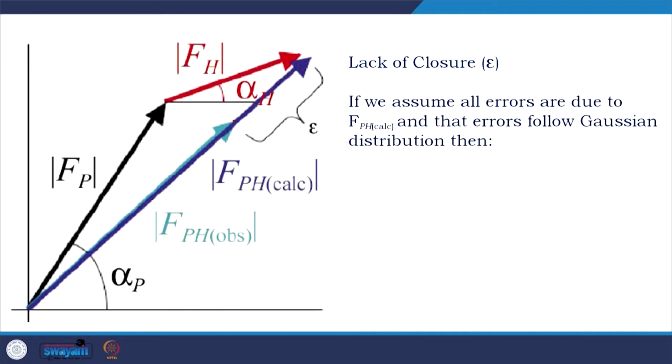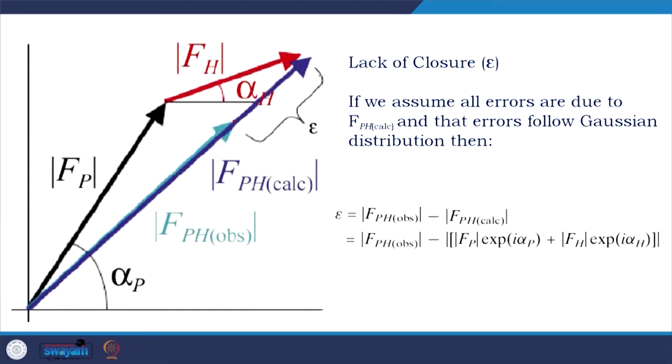If we assume all errors are due to FPH calculated, because if you have this then it is perfectly matched, so how they are differentiated, that is probably the error, and that errors follow a Gaussian distribution, then the lack of closure equals FPH observed minus FPH calculated, which is equal to FPH observed minus the sum of FP exponential i alpha p plus FH exponential i alpha h.